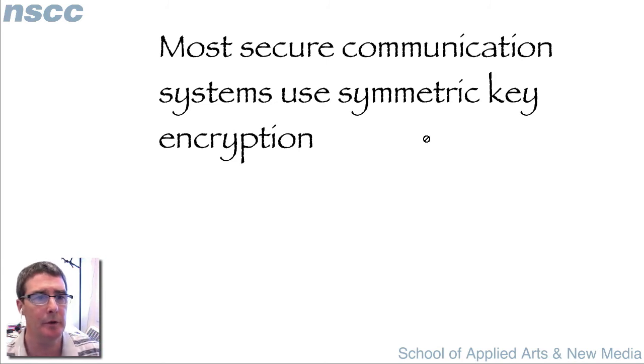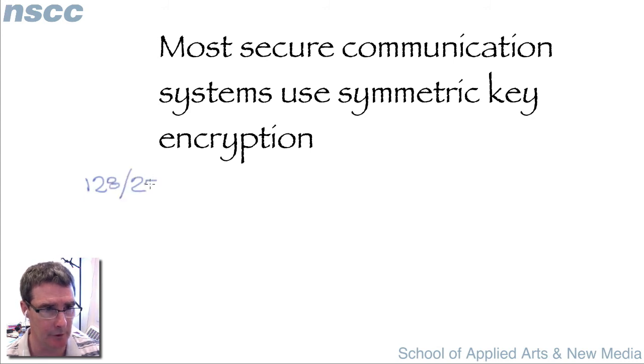Now, most communication systems use symmetric key encryption. Well, why is that? Well, we talked previously about symmetric key using keys which are 128 to 256 bits, and to encrypt and decrypt is very fast. We looked at public key encryption.